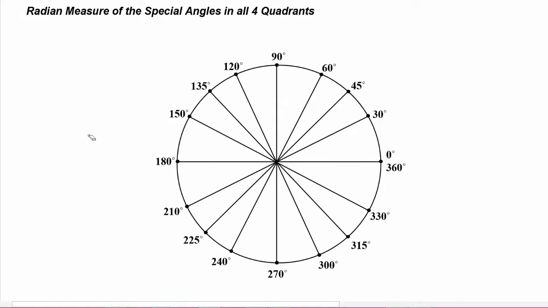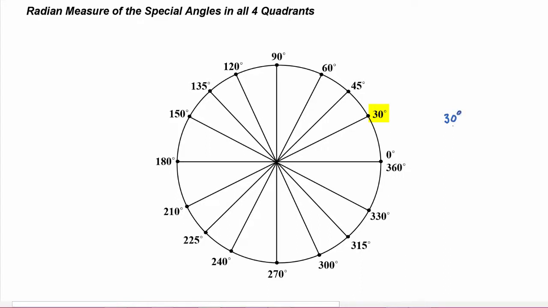Now that we know how to convert angles from degrees into radians, we can go all the way around the circle, converting all the special angles in each quadrant into their radian equivalent. So if we take a look at 30 degrees, we know we could do that conversion.